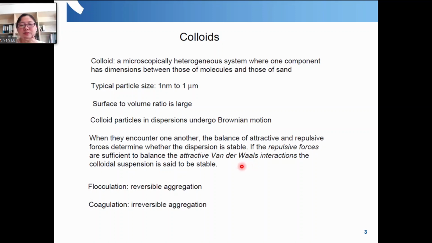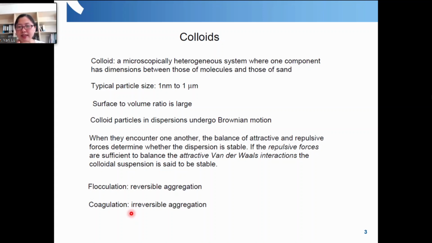Before we go there, I just want to give some terms, because sometimes even my postdocs confuse these definitions. What is coagulation and what is flocculation? Coagulation means a kind of aggregation that is irreversible. When it aggregates, you can never redisperse it anymore.